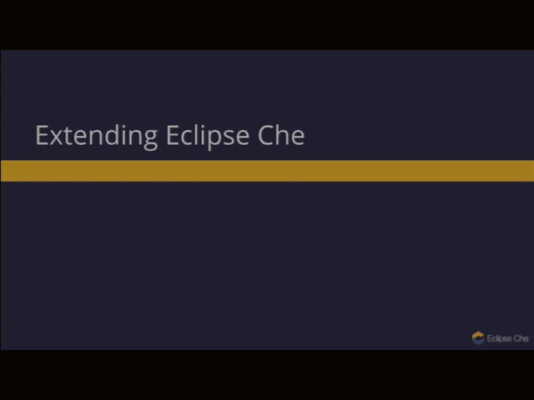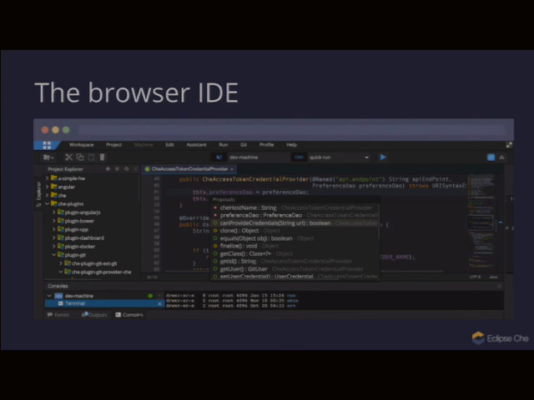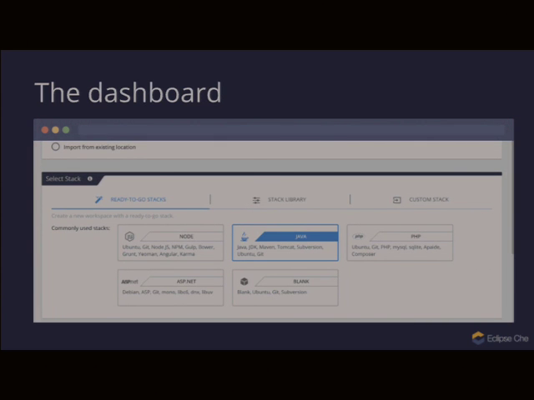So extending Eclipse Che could be done in multiple ways. You can, of course, customize the browser IDE. So you can create extensions which will add actions, and we will see that during the demo. But you can also extend Che by adding your own custom stack.